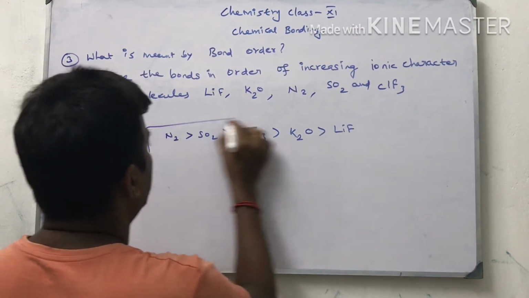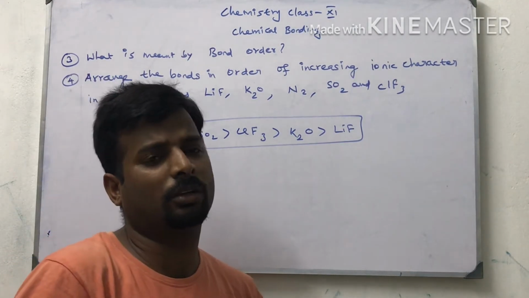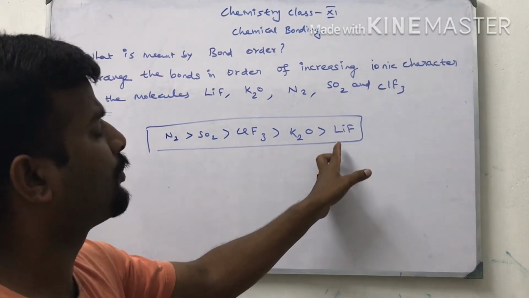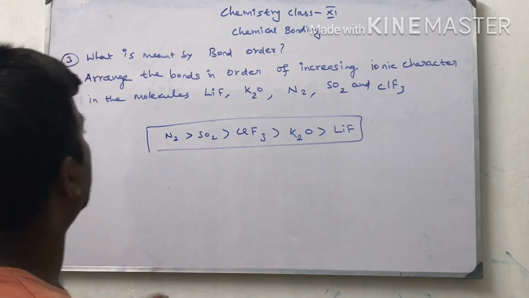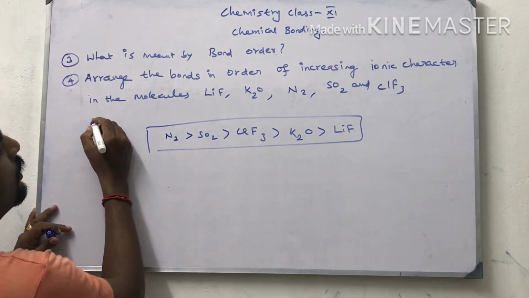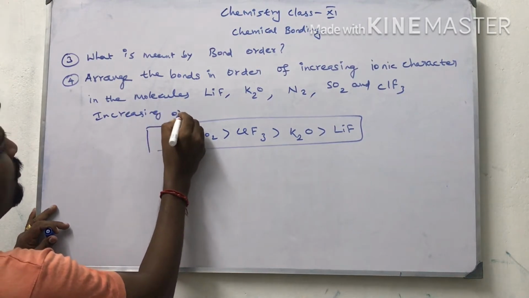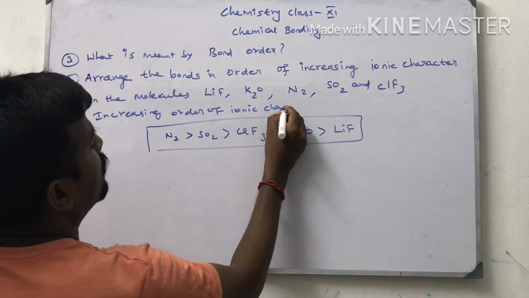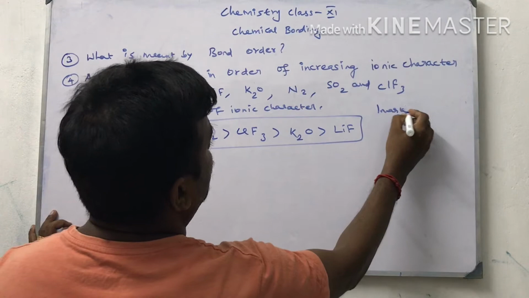Lithium fluoride is the one with the smallest atom and the highest electronegativity. Lithium is a metal, therefore the electronegativity difference between lithium and fluorine is very high. So this is the increasing order of ionic character, right?